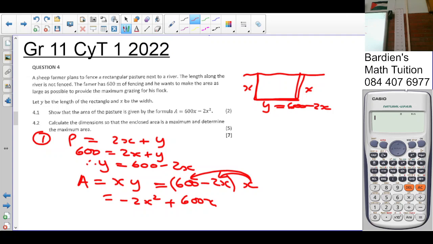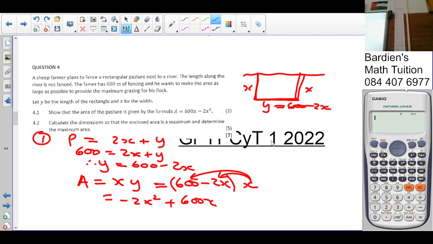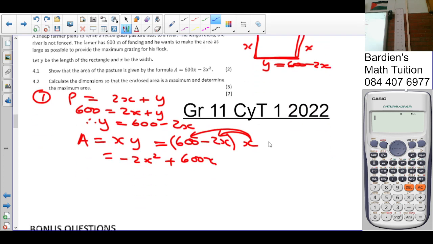In question 2, the question says calculate the dimensions, which is the sizes, so that the enclosed area is a maximum. So for the area to be a maximum, you're going to complete the square.